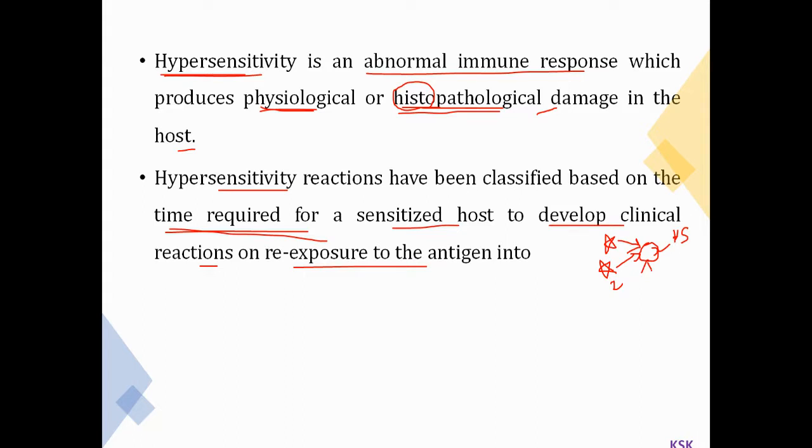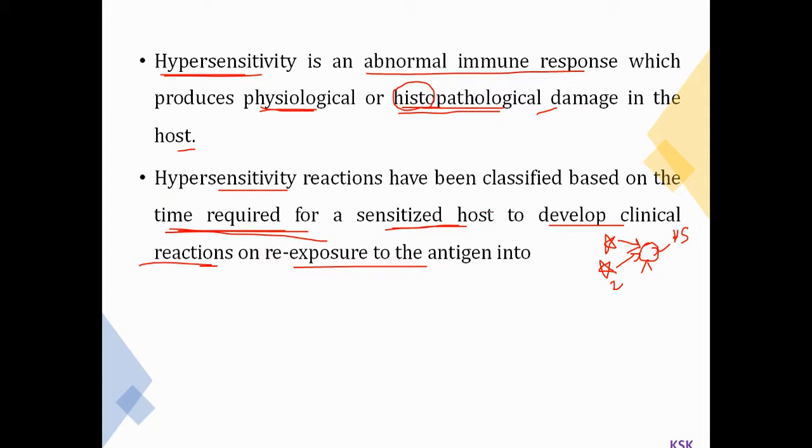It takes some time. Hypersensitivity reactions are of different types, and they may not all require the same time. They are classified based on the time required for a sensitized host to develop clinical reactions, which varies from one hypersensitivity reaction to another.